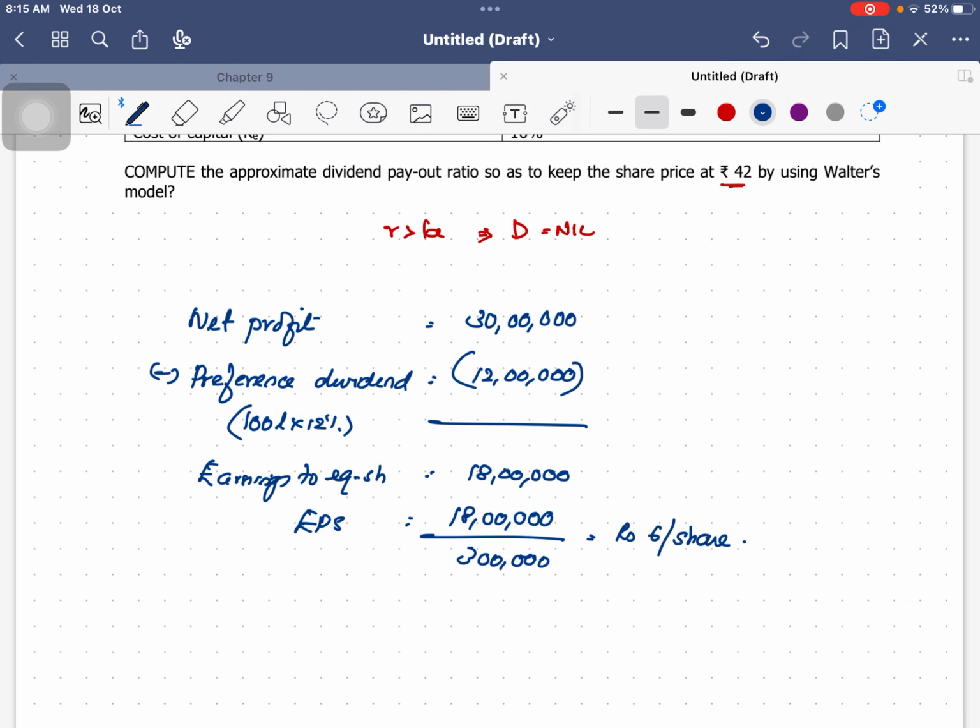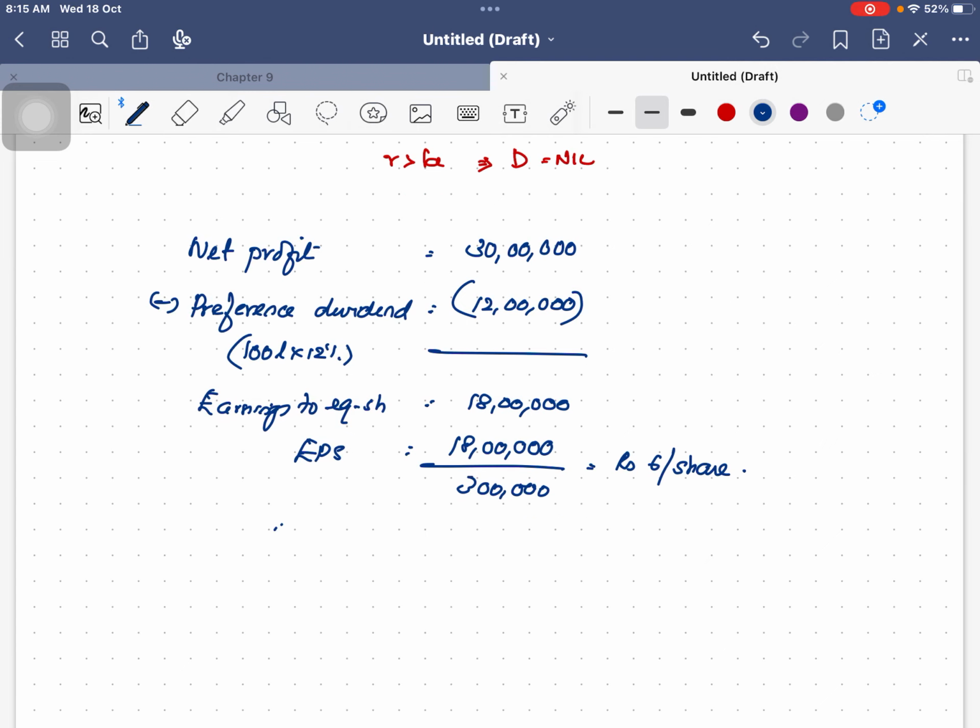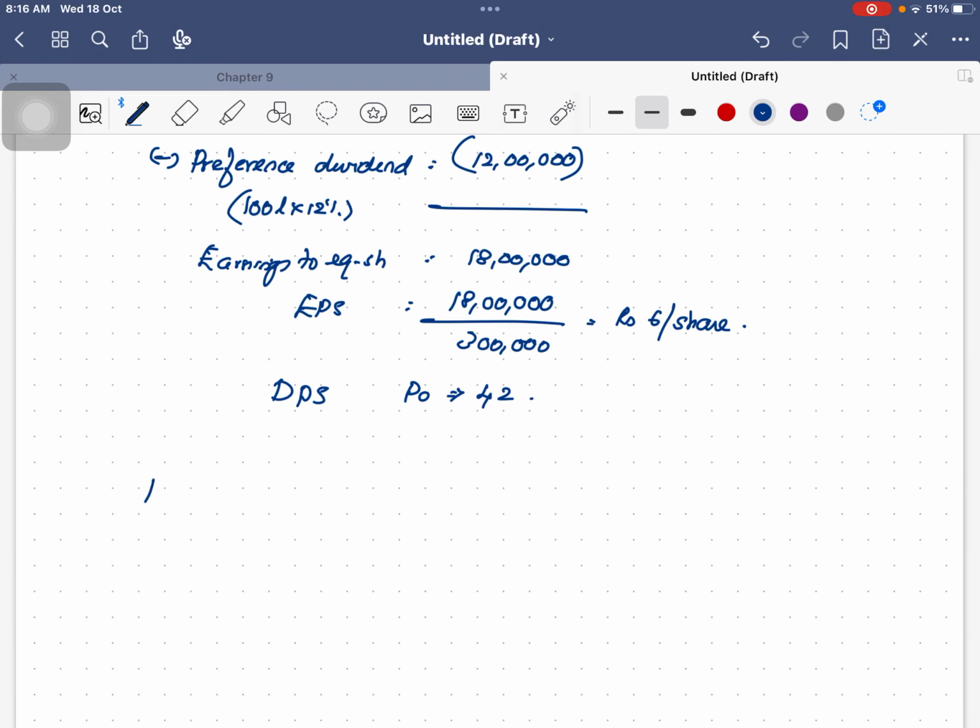Okay, that is EPS. Now you have to find out the dividend payout ratio. For that you need to get the DPS. Compute DPS. And what is the requirement? P0 has to be 42. So as per Walter's formula, P0 is equal to D1 plus R by KE, E minus D, divided by KE.